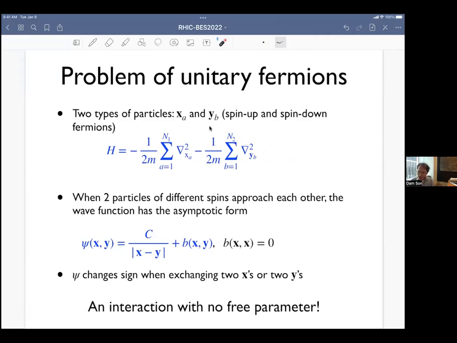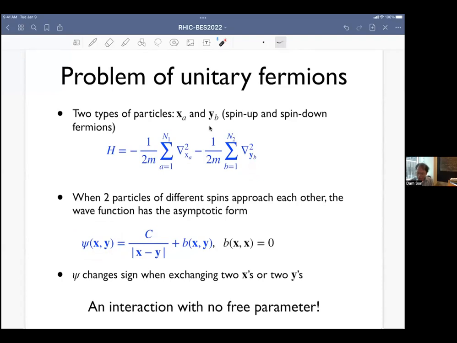This seems to be just trivial quantum mechanics of free particles until we specify the Hilbert space. The Hilbert space of our problem is a non-trivial space of all wave functions psi of x and y. By x, I mean the collection of x_a, and by y, a collection of y_b.